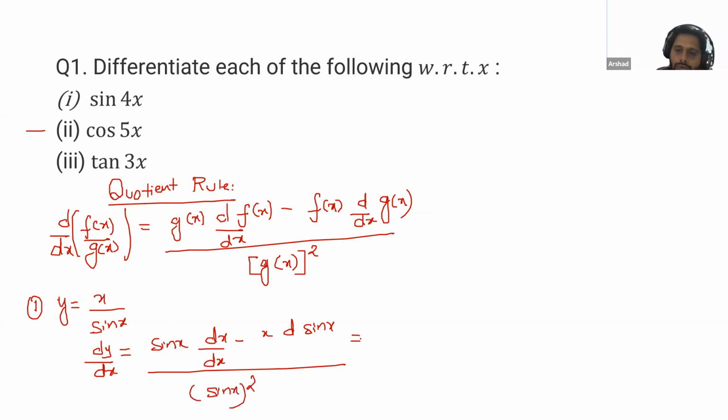So this is equal to sine x minus, sorry, this will be 1 minus x into cos x by sine x square or sine square x. Okay, we can write sine x whole square or sine square x. Why are you getting the opposite answer? You have taken x as the denominator.